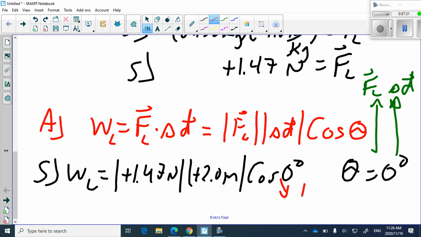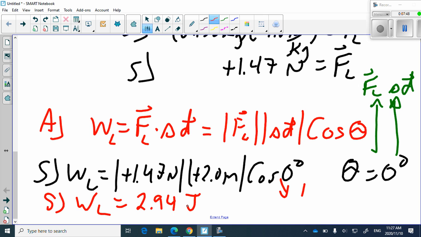So then I type into my calculator 1.47 times 2, and I get my solution. Work done by the lift force. See how specific I'm being? The work done by what force? The lift force. You have to be specific. The work done by the lift force is 2.94, and that would be a J for a joule.